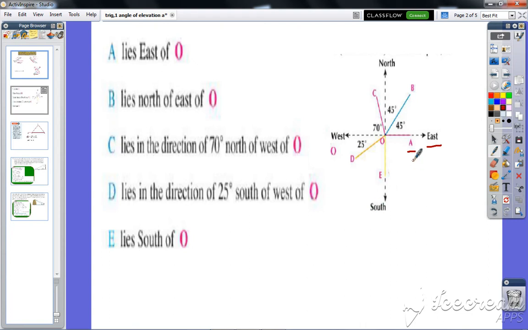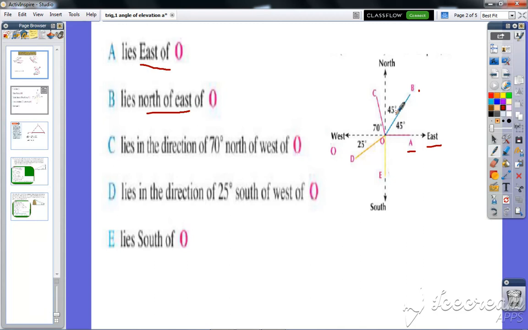So if I want to know the position of A according to the origin point, it is said to lie east of O. And if I want to know the position of the point B, it is said to be north of west. Sorry, the north of east.